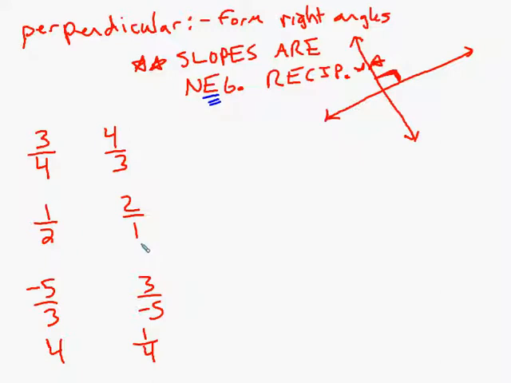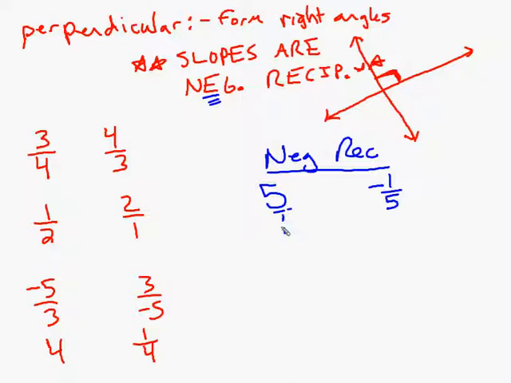But here's the extra part. They are negative reciprocals, which means when I do the reciprocal, I'm going to change the sign. If I start with 5, the negative reciprocal of that is negative 1/5. See, I flipped my fraction. And if I had negative 3/2, I started with a negative, so I'm going to flip the fraction and change the sign.